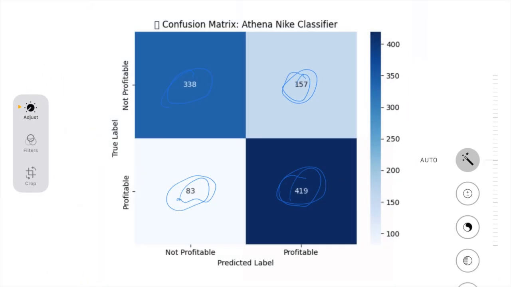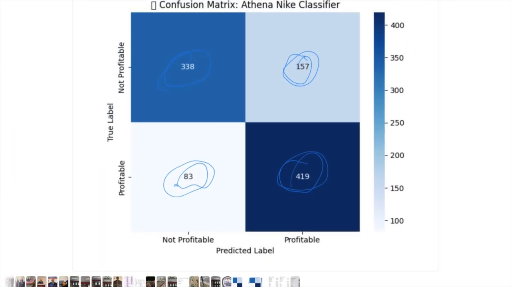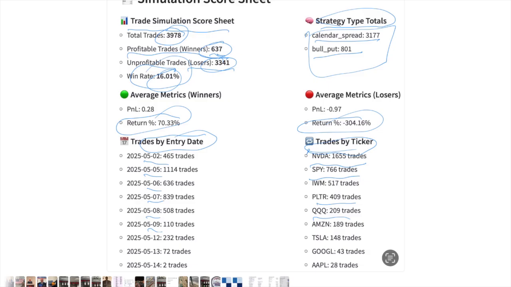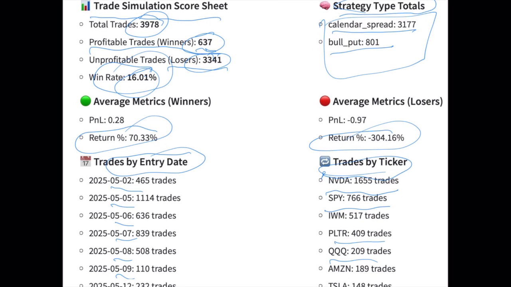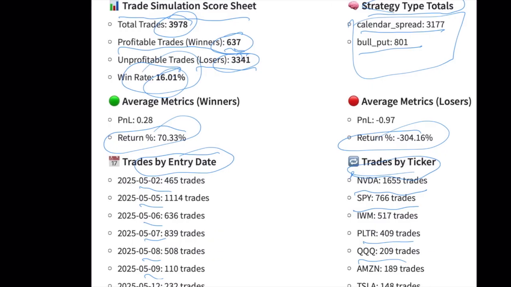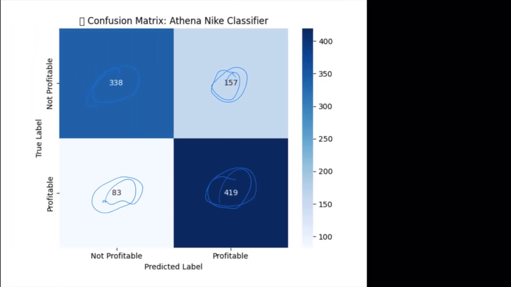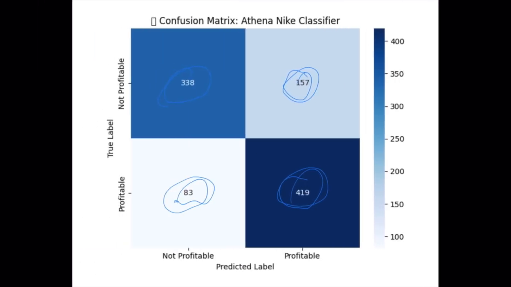So from here, because we're doing classical mathematics, we know how many won and lost because we can add and know from the P&L whether it's a winner or a loser. Over here, we didn't use the machine model to look at the actual win and loss.